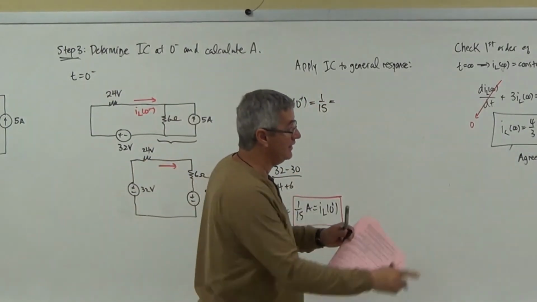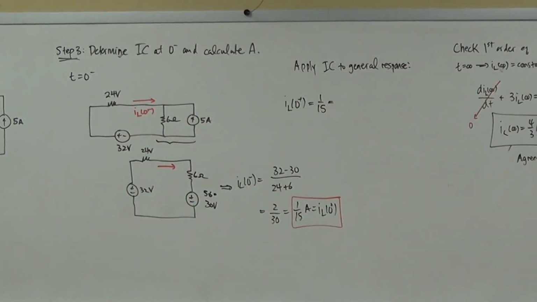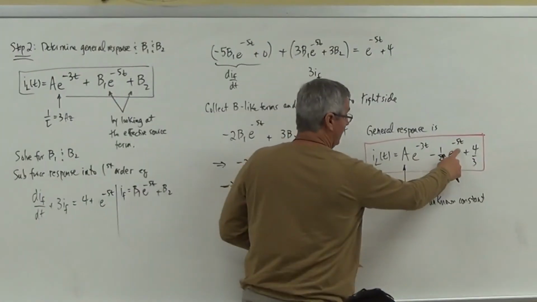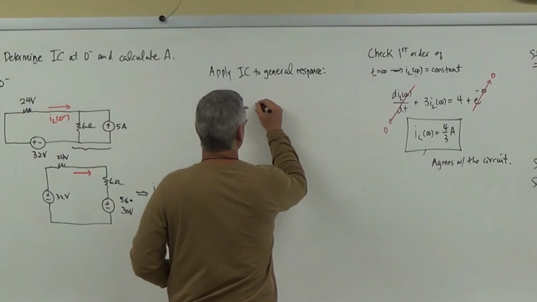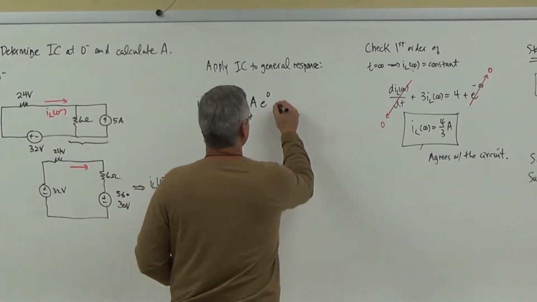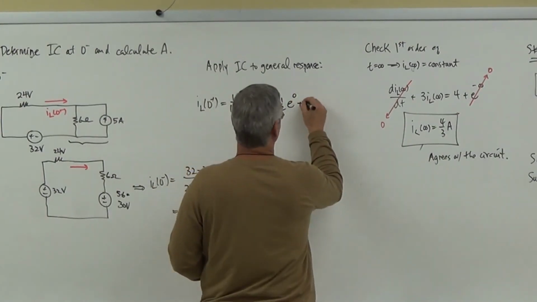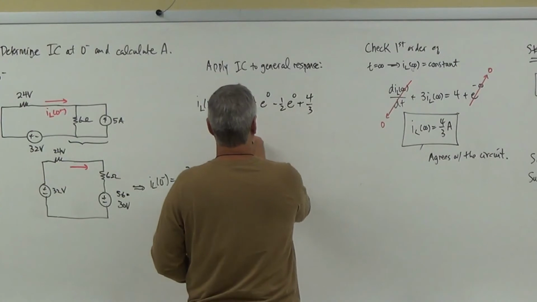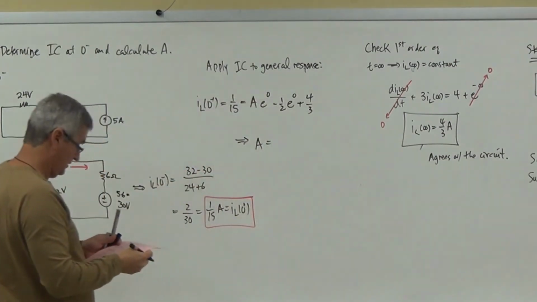If I look at that equation over there, at t equal to 0, I get the A term, and everything survives. So I get A e to the 0, then minus 1/2 e to the 0, plus 4/3. So if I solve this thing, I get the equation.